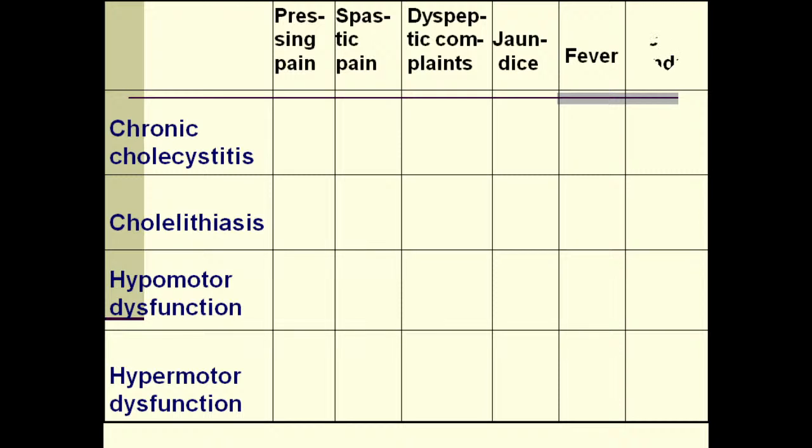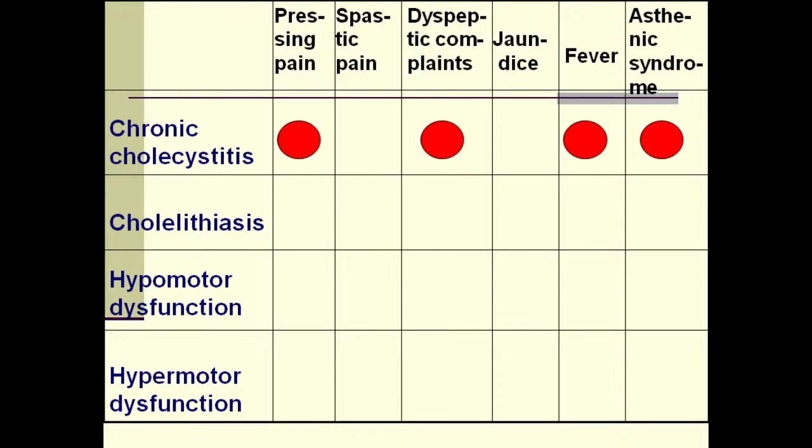If our patient has chronic cholecystitis, inflammation of the gallbladder, the patient complains of pressing, dull pain, which is obligatorily accompanied with dyspeptic complaints, maybe subfebrile fever, or if the disease is chronic, prolonged, and repeated after some time, there will be some discomfort in life activity. We can speak about asthenic syndrome, not intensive.